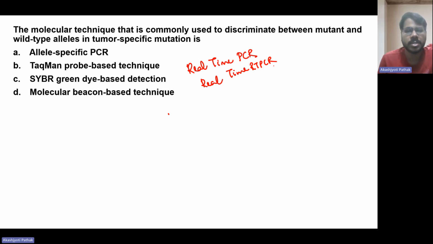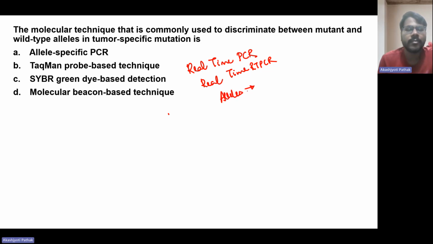Or a proto-oncogene can get converted into an oncogene due to insertion or deletion of particular bases. So that is what it is talking about: how will you distinguish whether there has been a mutation in a particular gene responsible for the formation of the tumor? These are allele specific PCRs. So you know what alleles are, right?